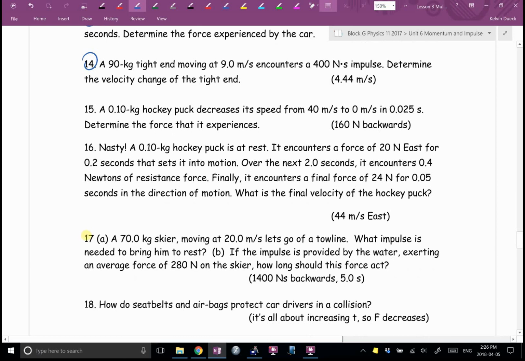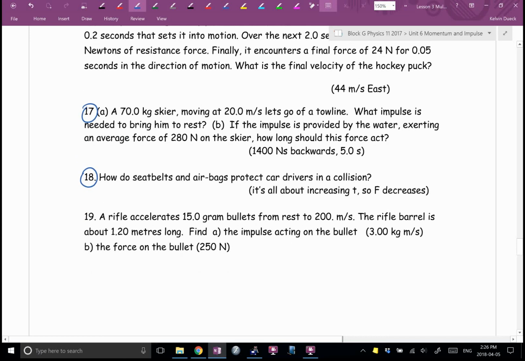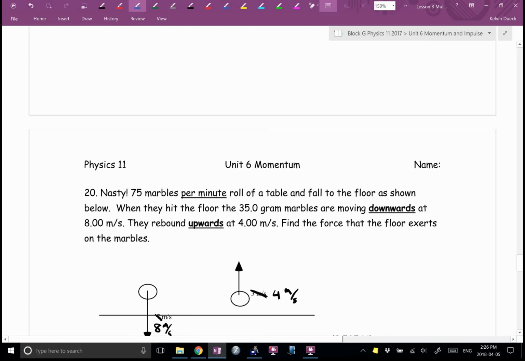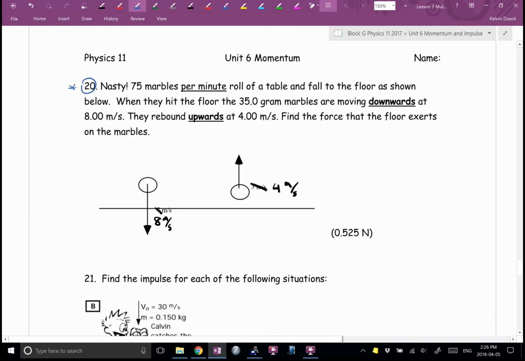I'll skip 15 and 16. 17 is good. Let's go water skiing. 18 is a good thought question. 19 is good. 20 is nasty, but you can try it.